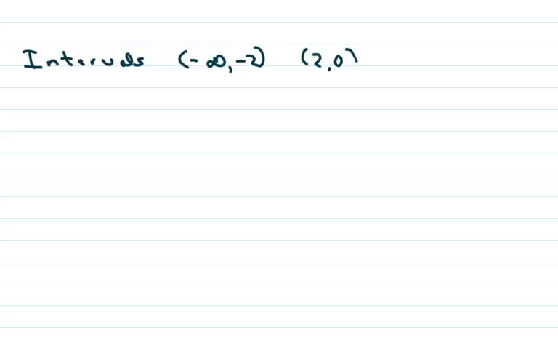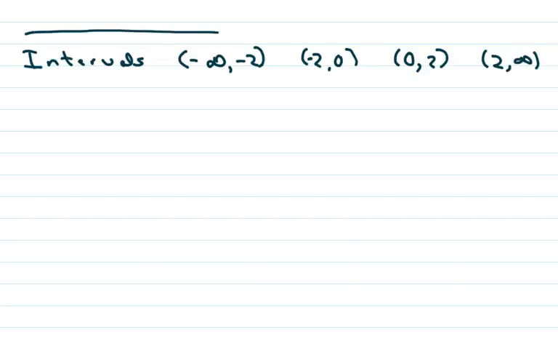And I'm going to go ahead and pick intervals. I pick negative infinity to negative 2, and then negative 2 to 0, then 0 to 2, and then 2 to infinity.